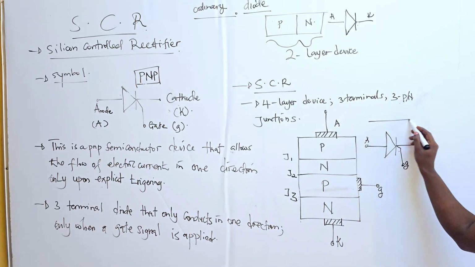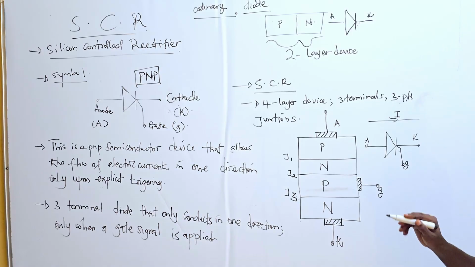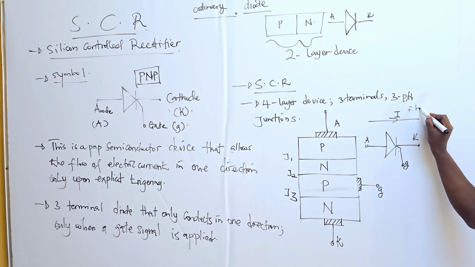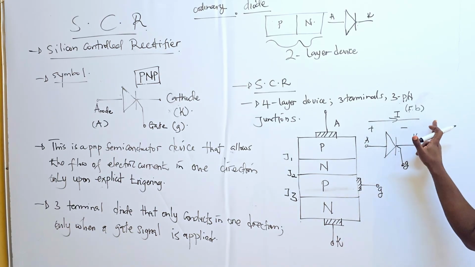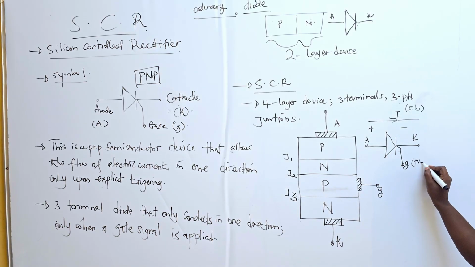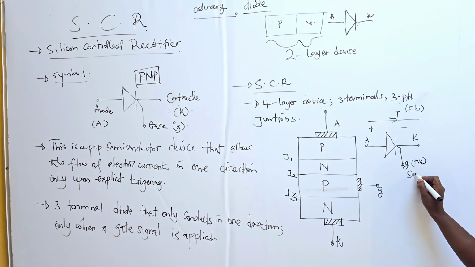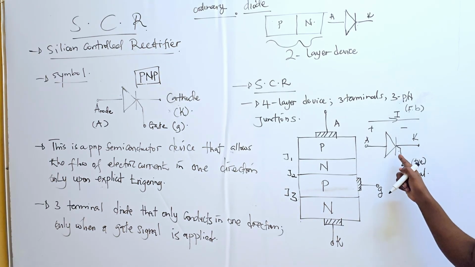This is a device that lets current flow in one direction only, the forward bias direction, meaning this side is positive relative to the other side. It only lets current flow through when we apply a positive voltage at the gate with reference to the cathode.